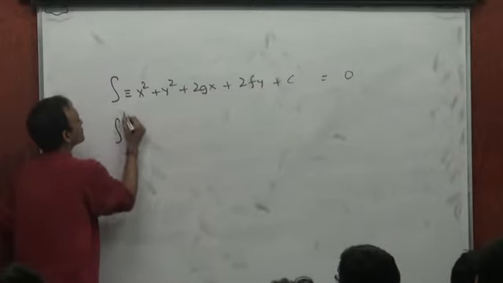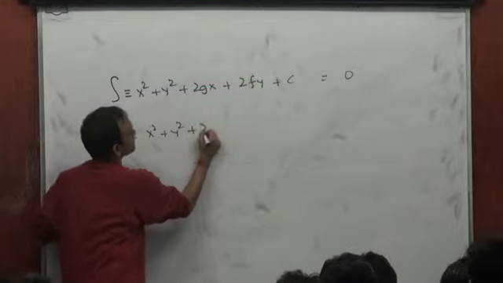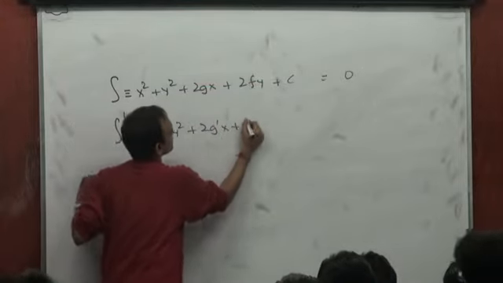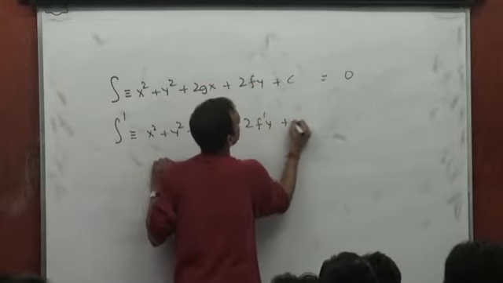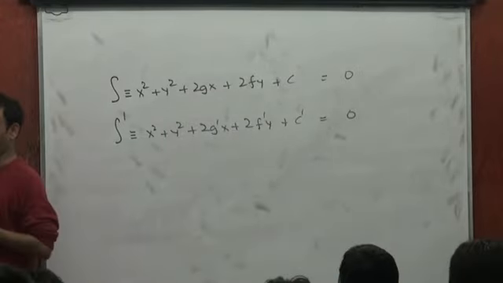And say another circle is S prime, which is x square plus y square plus 2g prime x plus 2f prime y plus c prime equal to 0.